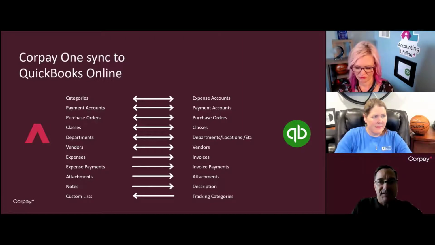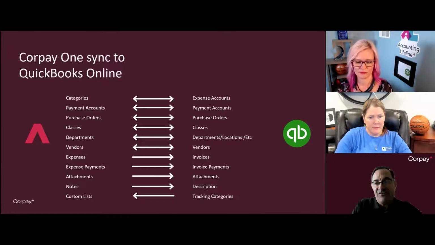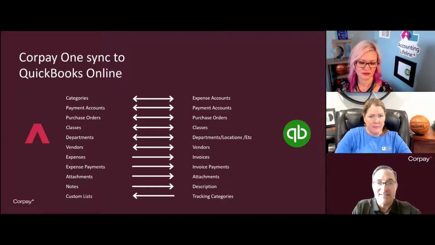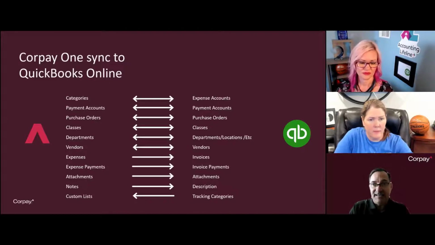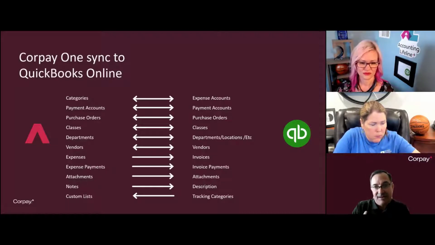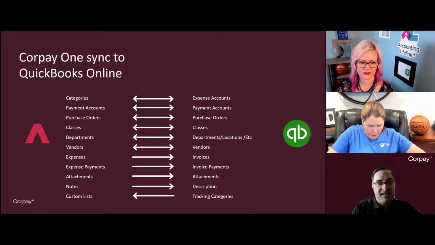We pull in certain things that are bidirectional: categories and payment accounts, classes, and any new vendors that are added can be added in either place. Whereas expenses and invoices, we pull in at the beginning to start with any unpaid invoices, but from there on out, you would initiate the process, capturing documents in Corpay and then pushing them into QuickBooks.